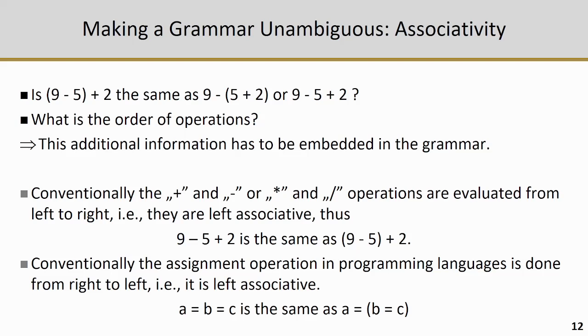For example, we are going to take into account the associativity of the operators. That, for example, if we have multiple plus and minus operators, so addition and subtraction, they should be applied from left to right.